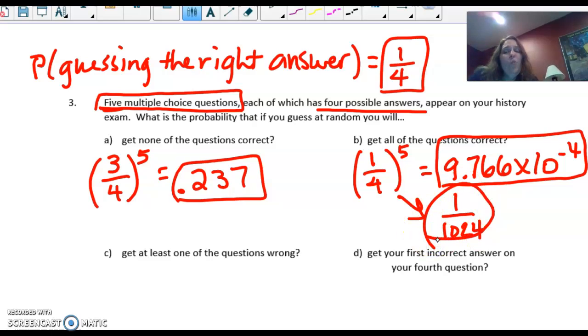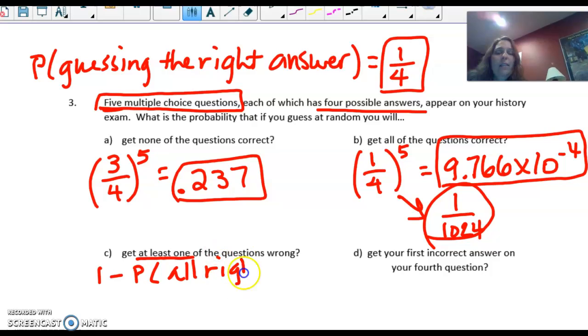All right, to get at least one of the questions wrong, what I like to think about anytime it's at least one is think about the only way that that doesn't happen. The only way is if you get all of them right. So this is equal to 1 minus the probability that all of them are right.